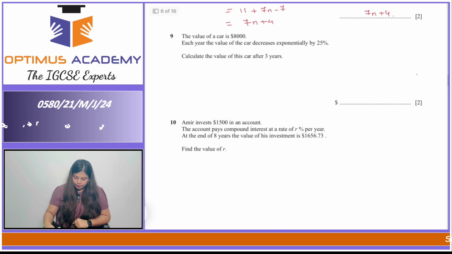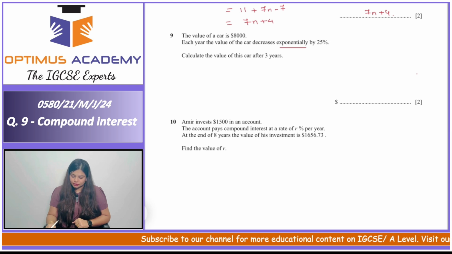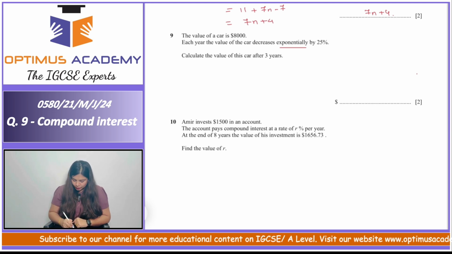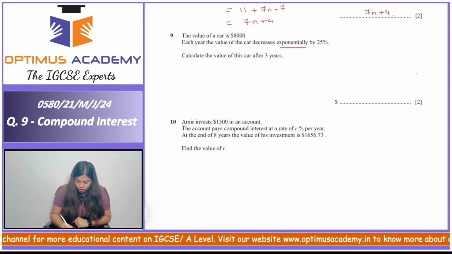Question 9 states that the value of a car is $8,000. Each year, the value of the car decreases exponentially by 25%. Calculate the value of this car after 3 years. So we know that the value of the car is decreasing exponentially. That means we're going to use the compound interest formula for amount.